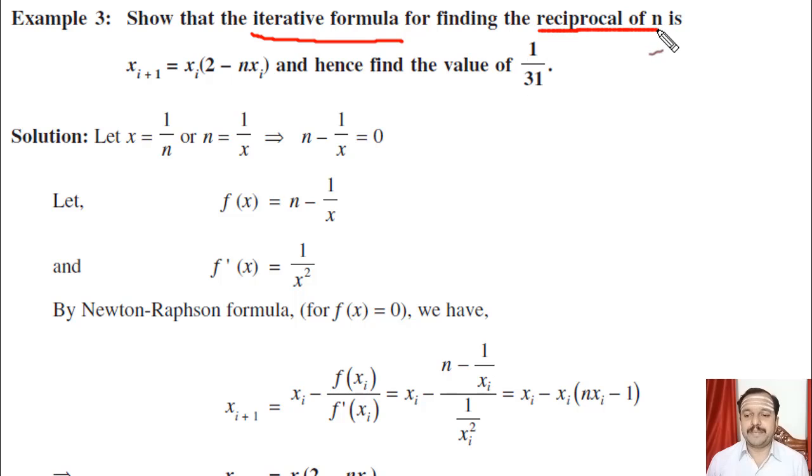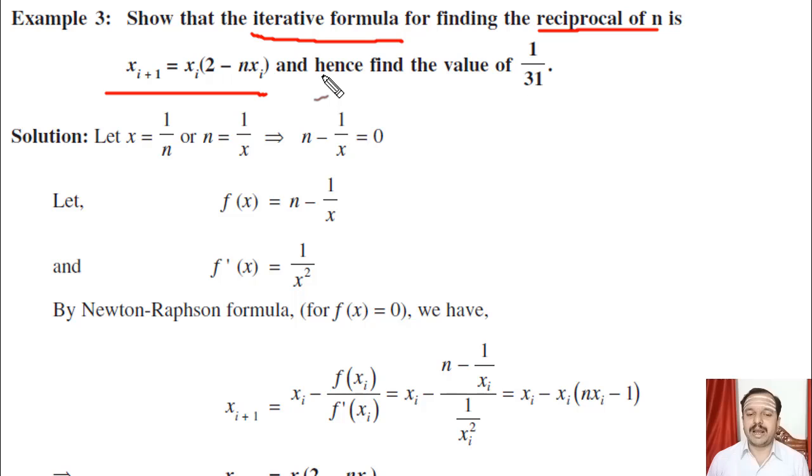So n is a number, the reciprocal of n is 1 by n. We have to show that the iterative formula is x i plus 1 equal to x i into the bracket 2 minus n x i.